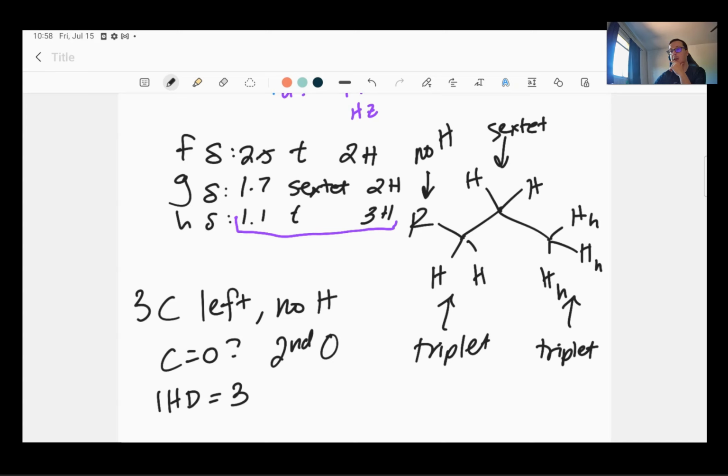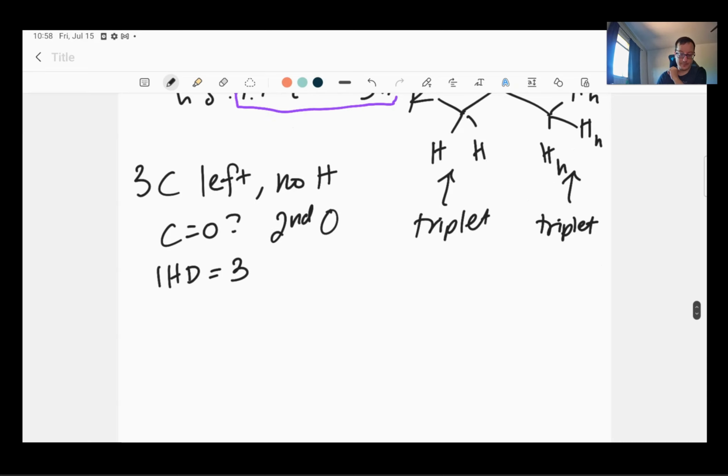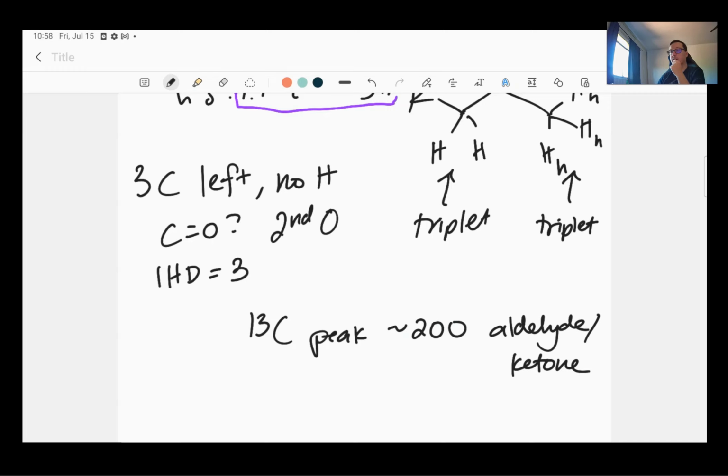Matt says aldehyde. Ketone or aldehyde, right? Why is it not an aldehyde? How do we eliminate aldehyde? Aldehydes do not have OHs. That would be a carboxylic acid that you're thinking of.